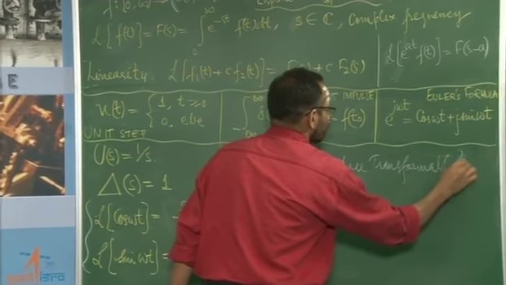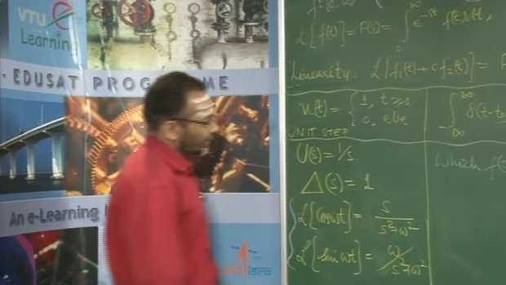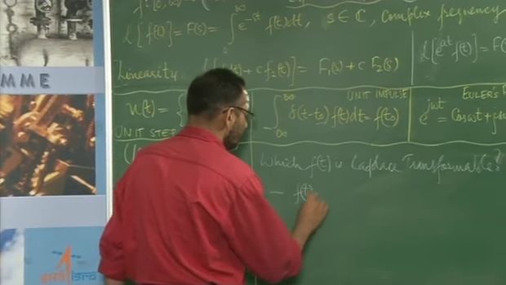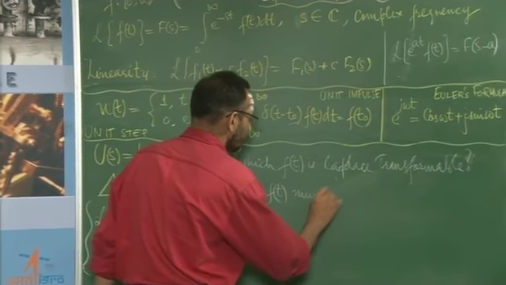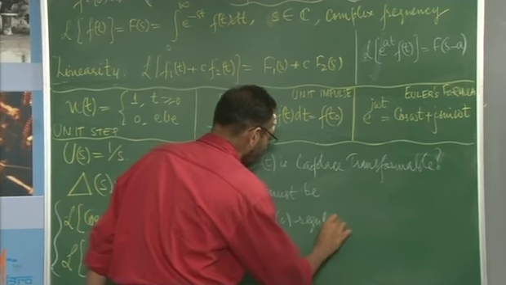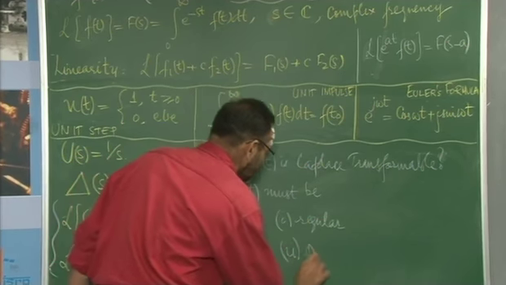That is the question. Now, the technically correct statement is that f of t must be, one, regular, and two, of exponential order.